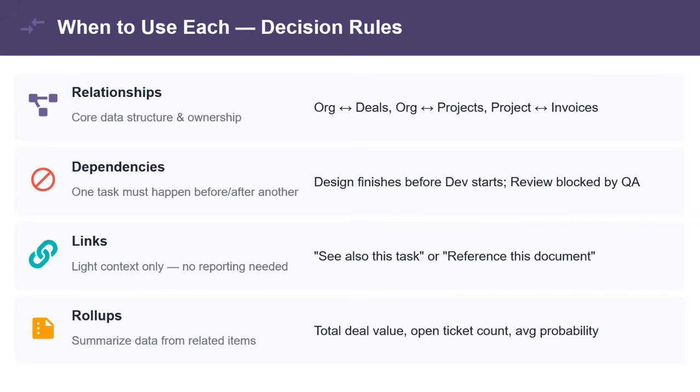Use them when one task needs to happen before another task can start. For example, task A must be finished before task B can begin. Third, use simple links when you just need some extra context. If you simply want to say this task is related to this task, a link is usually enough. And finally, use rollups when you want to summarize information from connected items.